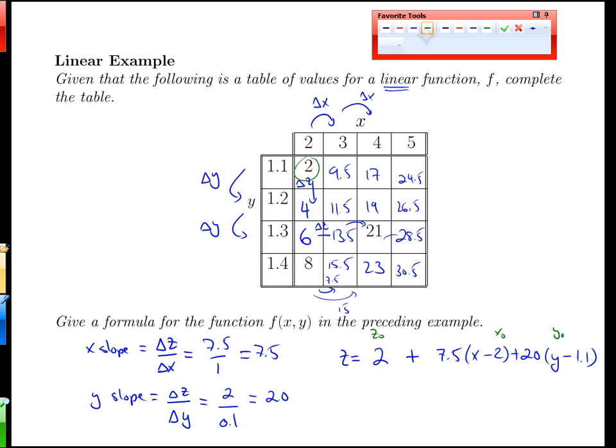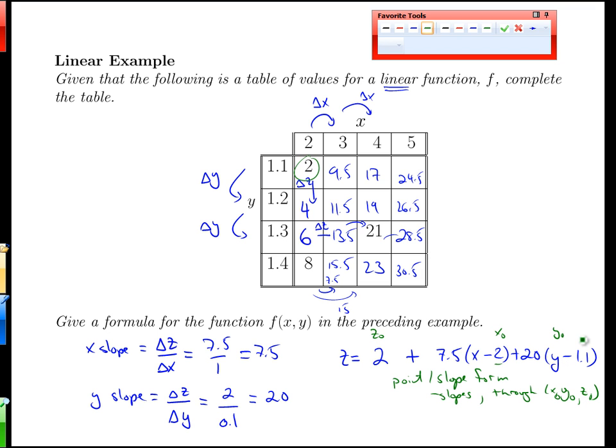So this would be what's typically called the point slope form, because it involves a point. It goes through, we have the slopes, and it's through the point x naught, y naught, z naught.